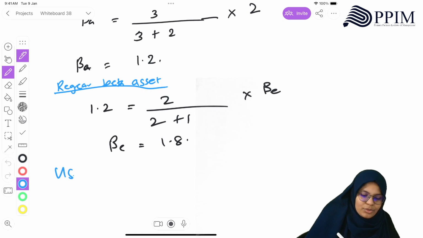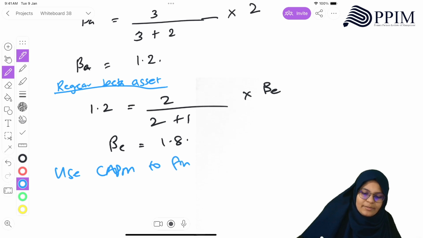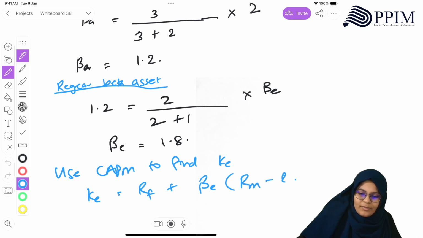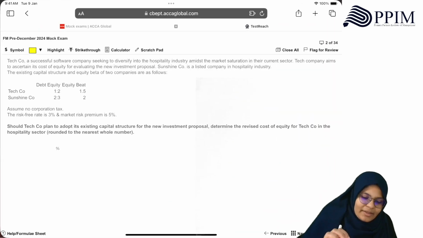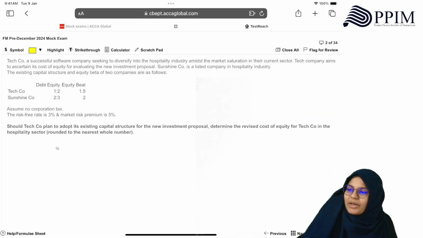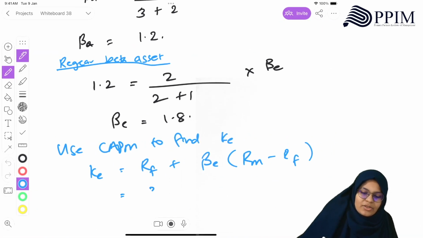Finally, use the capital asset pricing model to find KE. So KE equals the risk-free rate plus beta equity times the return in the market minus the risk-free rate, right? The question told me that the risk-free rate is 3%, risk premium is 5%, right? So 3 plus beta equity is 1.8 into risk premium, they told me it was 5%.